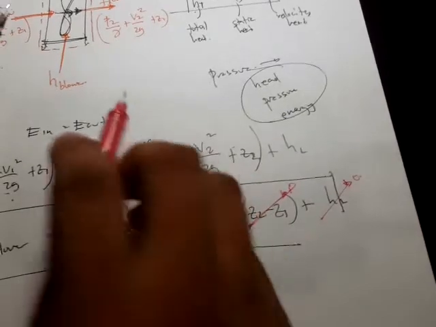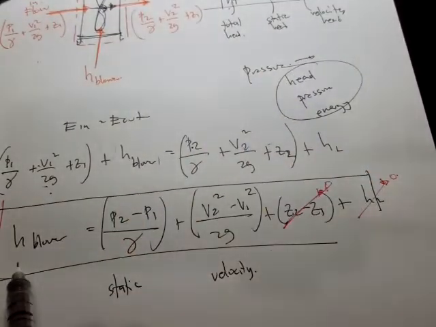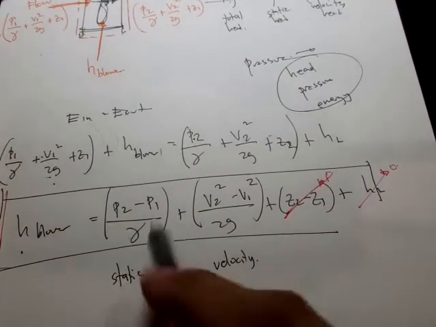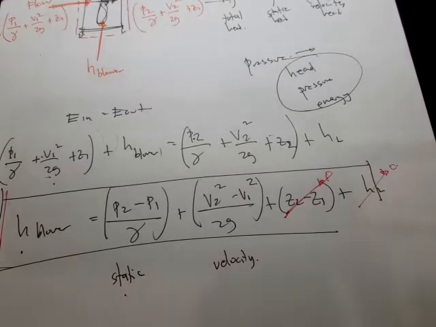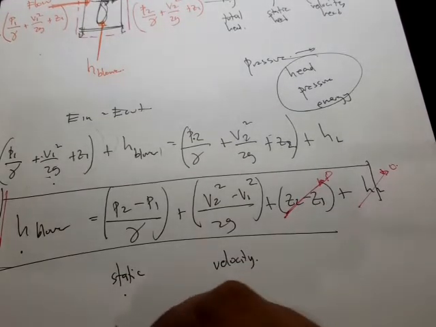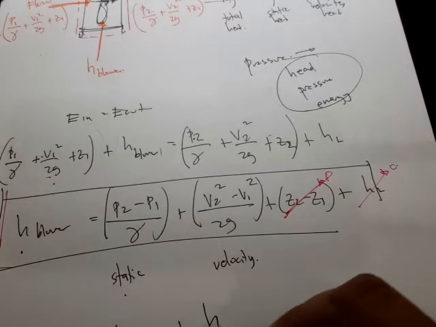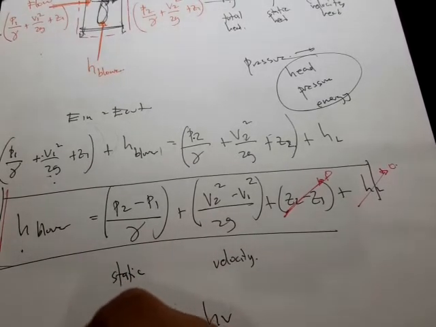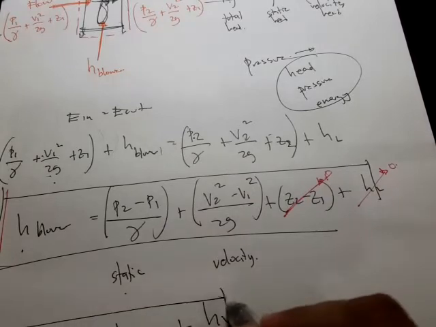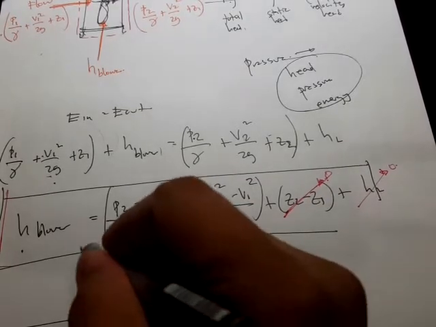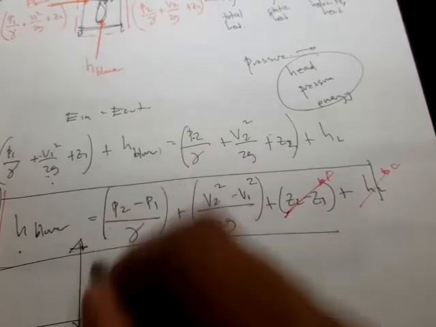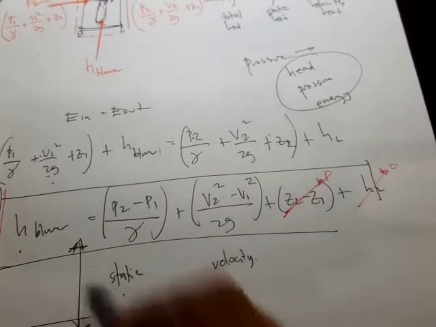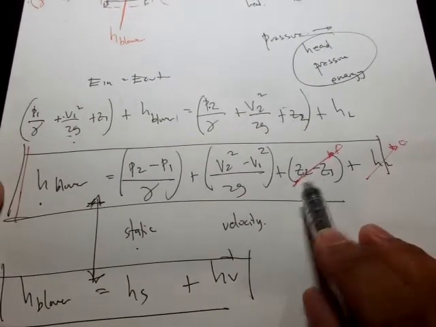So the point right here is that this H blower is what we call HS plus HV, so they are equal, of course, with some simplifications right here.